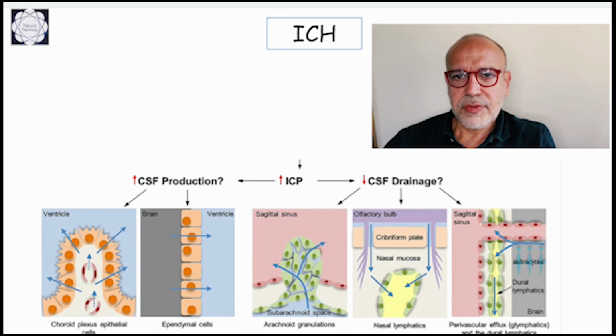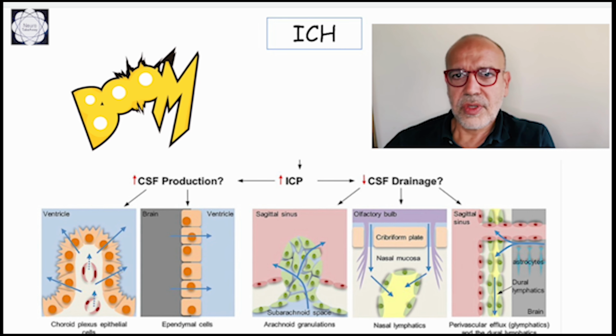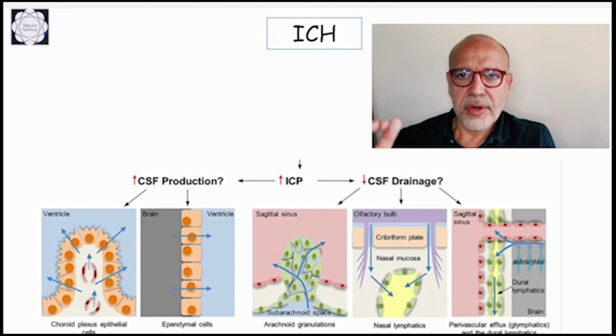So when we have an obstruction, and not just an obstruction, but there is a reverse flow of a main vein as the internal jugular vein, there is an increase in the venous pressure and a lower gradient between CSF and venous flow. So there is less reabsorption and an increase in intracranial pressure.